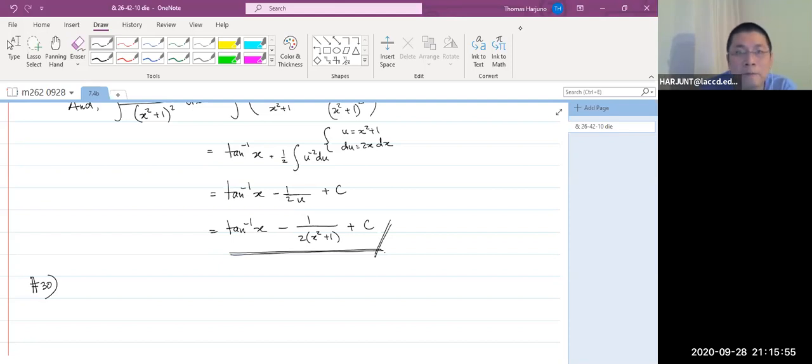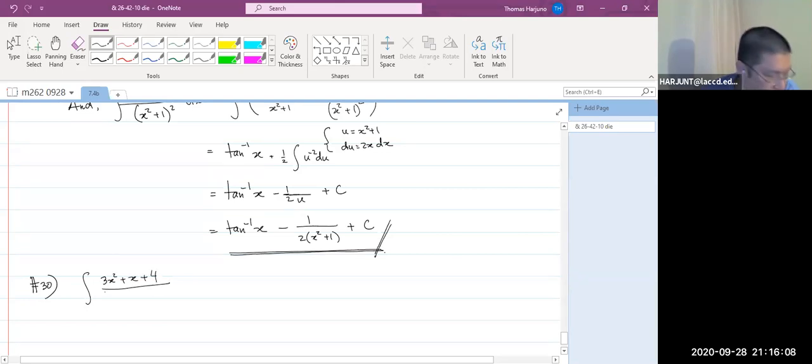Let's see number 30. Integral of 3x squared plus x plus 4 over x to the 4th plus 3x squared plus 2 dx.